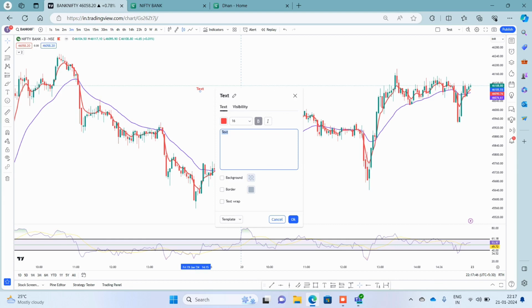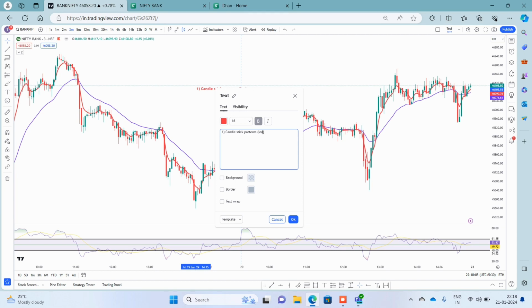The first condition is there are some candlestick patterns that we need to follow to enter into long or short trades.